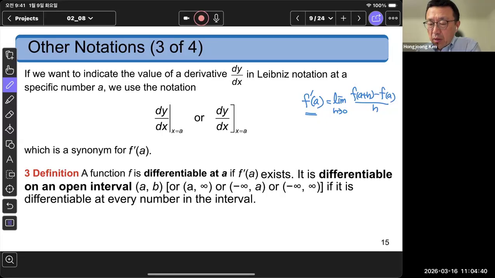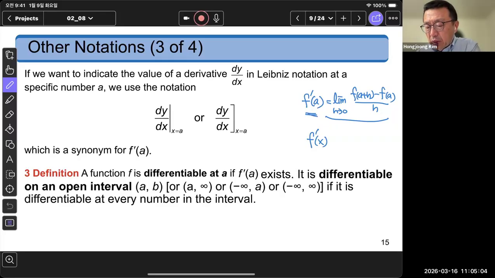Or you may say, so instead of calculating this, you can find f prime of x, the derivative of the function. Here, x is a variable. So if I specify any value, say a, then you can evaluate f prime of x at a, right?